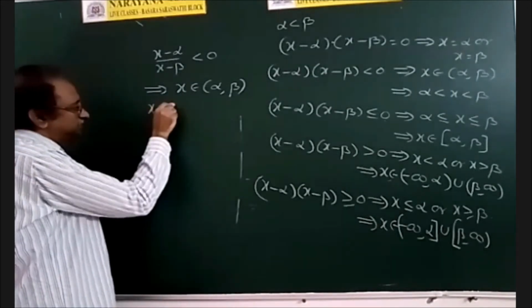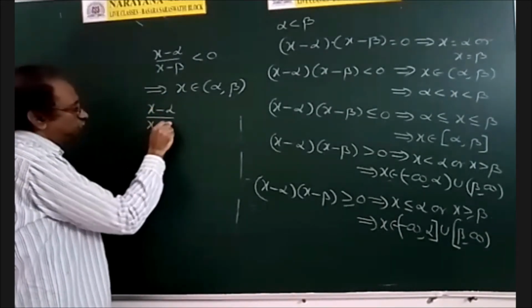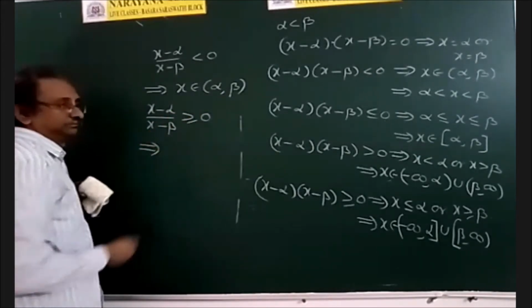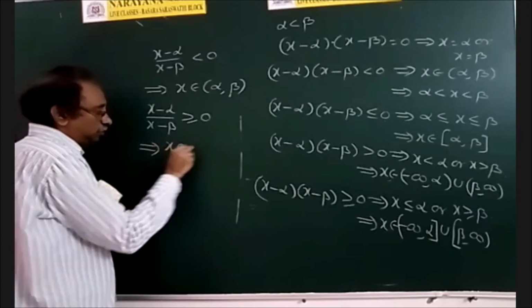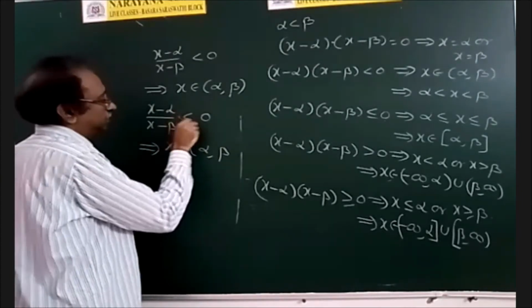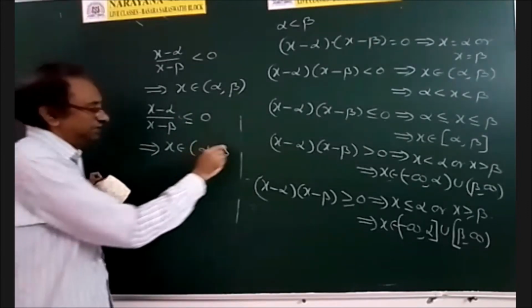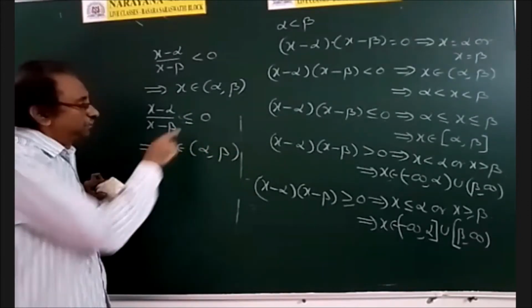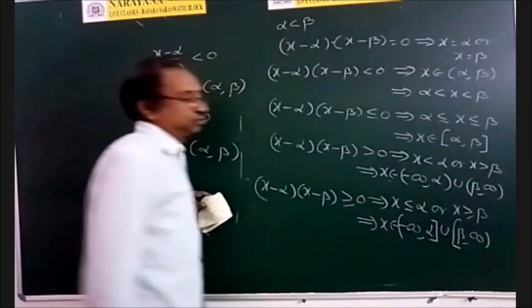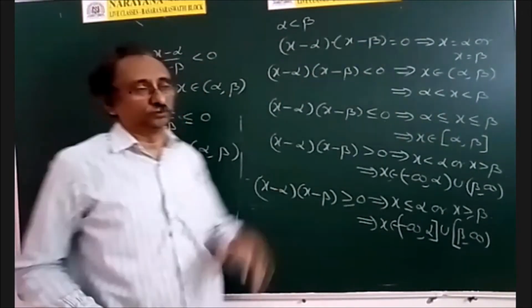But the only difference is, see, suppose this is less than or equal to 0, then no doubt x should lie in between alpha and beta. But here, the equality is there, so x may be equal to alpha or beta also.